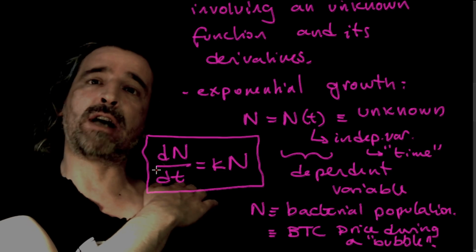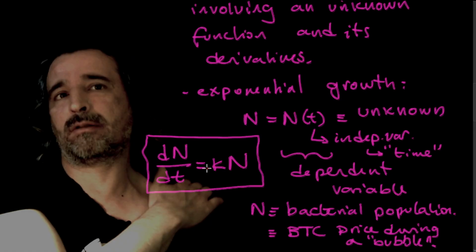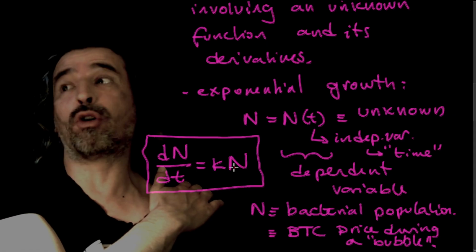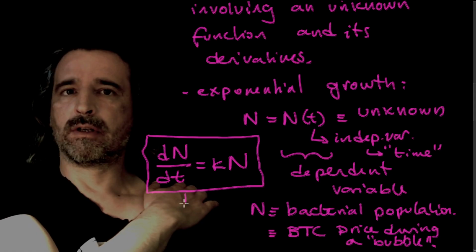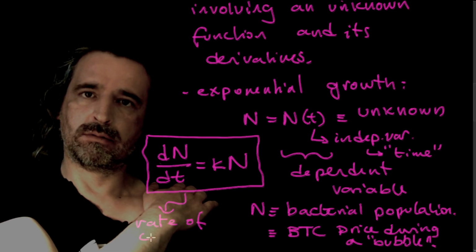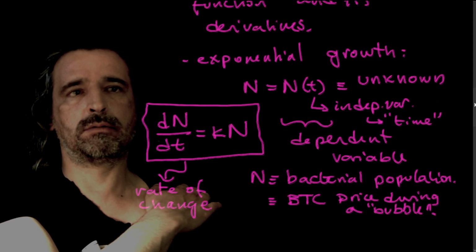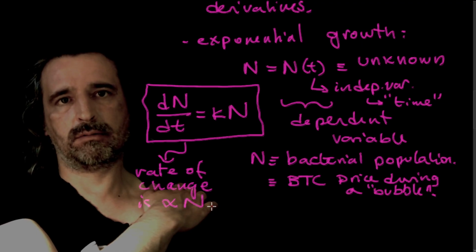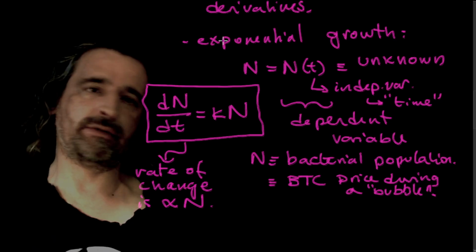So if n equals 2, the derivative would be 2k. But if n equals 4, the derivative would be 4k. So the derivative is proportional to n. So the rate of change is proportional to n. Now this differential equation, we can classify it.